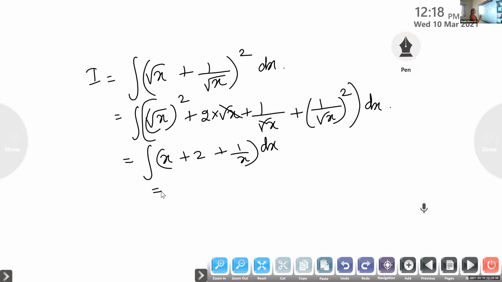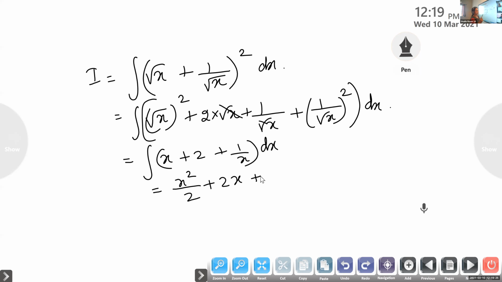Now what is integral of x? It is x square by 2. Plus, what is integral of 2? It is a constant, isn't it? When you integrate a constant, you put x. Then, what is integral of 1 by x, Tomlin?